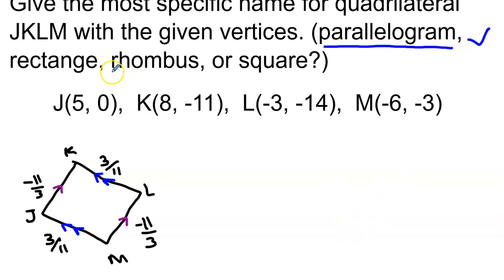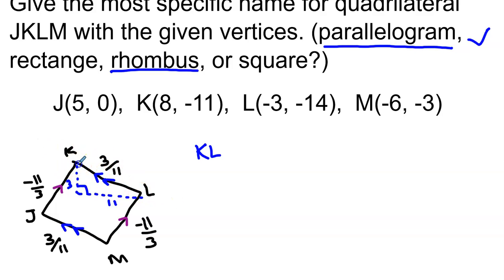Let's see if it's a rhombus. A rhombus is just a parallelogram with 4 sides that are congruent. So are all of these sides congruent? We can check that pretty easily using Pythagorean theorem. Let's try to find the length of KL. If you think about it just as a triangle right here, it has a side of 3 and a side of 11.